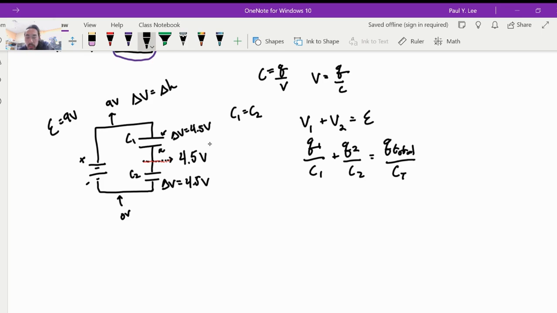If I were to just clean this up, Q and C are identical because we have equal capacitors. We get this formula here.